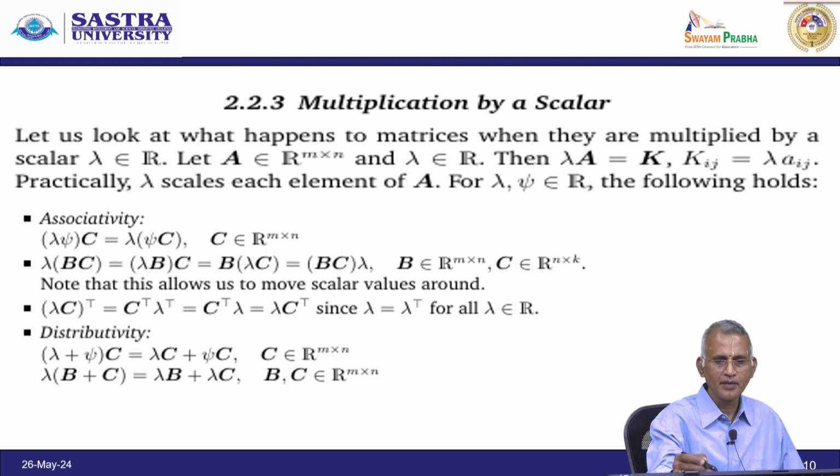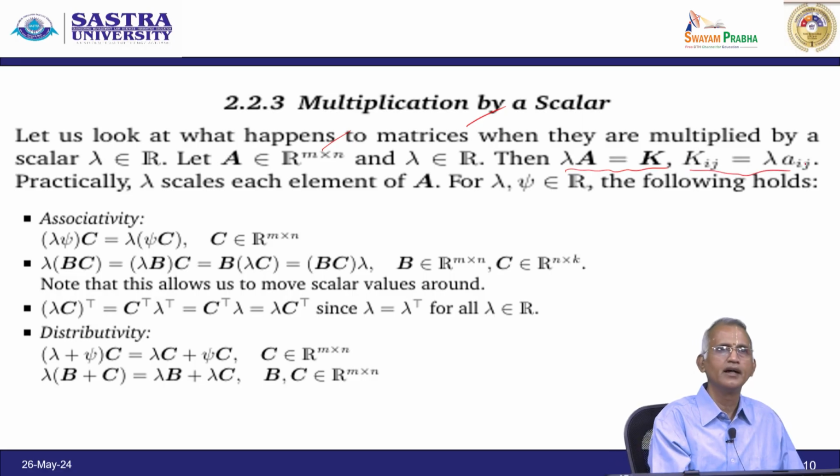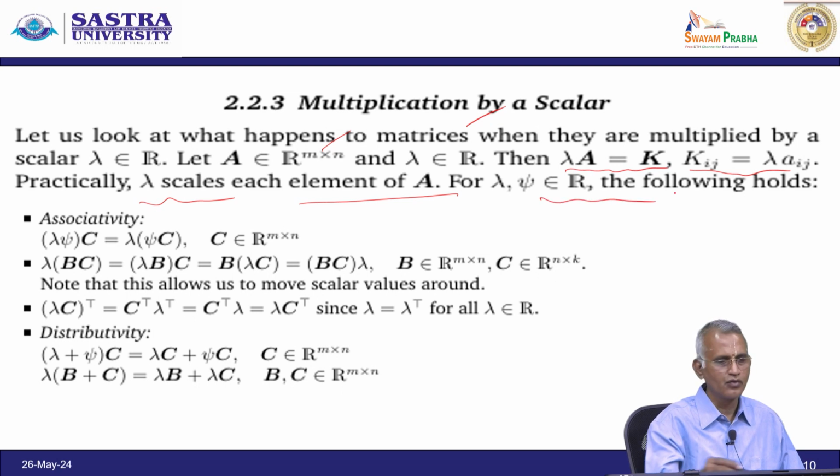Next, multiplication by a scalar. Let us look at what happens to matrices when they are multiplied by a scalar lambda in R. Let A belong to R^(m×n) and lambda be a real number, then lambda A equals K, where Kij equals lambda times aij. Practically, lambda scales each element of A. For lambda and psi in R, the following holds.